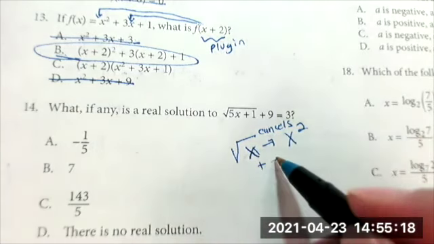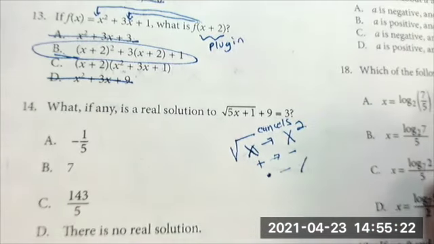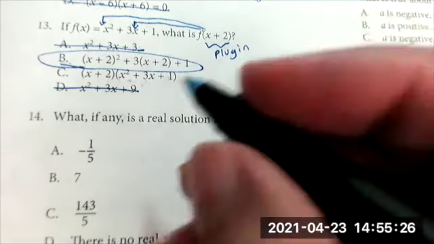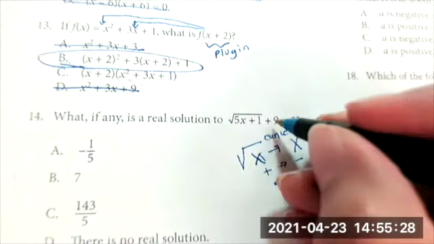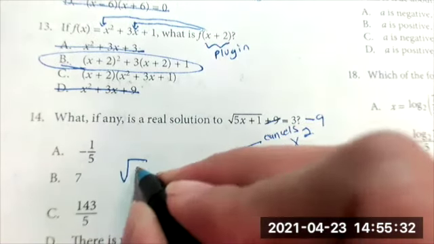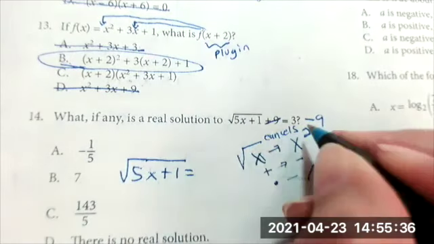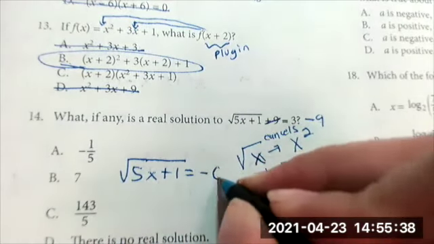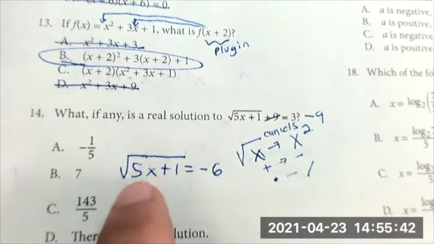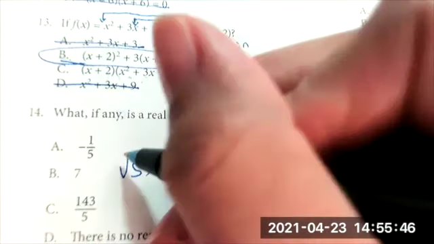The positives cancel with the negative, and the multiply cancels with the division, right? So we know that. Once you know that, you can solve this. So we have plus 9, we're going to do minus 9. So we have the square root of 5x plus 1 all the way equals 3 minus 9, which is negative 6. And then again, what cancels your square root? The squared. They cancel each other, by the way.